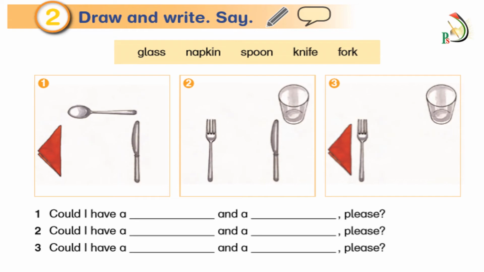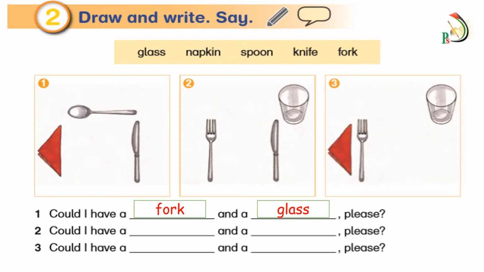Now check your answer. Excellent. So if you are at the restaurant, you can ask this question to ask for a fork and a glass. Could I have a fork and a glass, please?